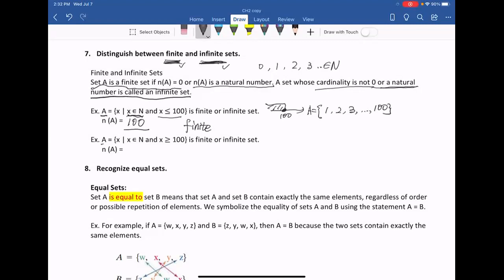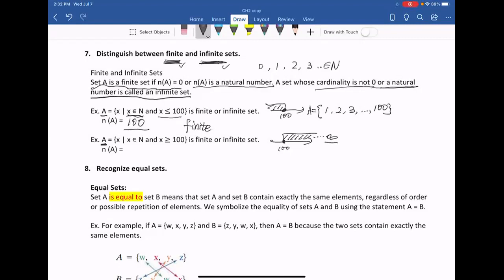Next one, this set. I need to find a number line to see what the set is. 100 is included and x is greater than or equal to 100. That means it goes to infinity. I use this sign to represent infinity.